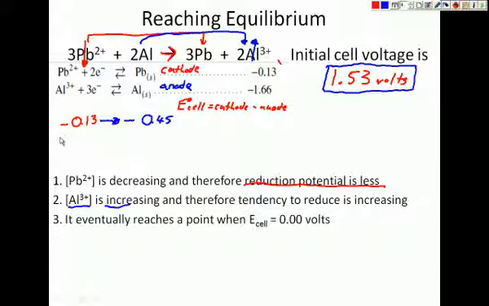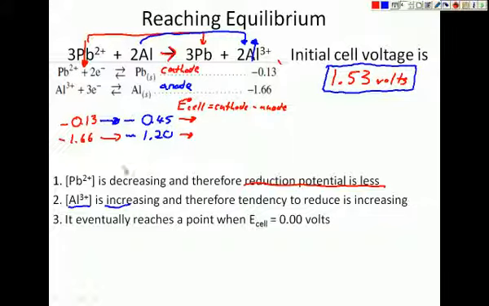So it's going from minus 1.66, and it's increasing. So a number that's bigger than that might be minus 1.20. Again, I'm just making some of these numbers up right here.